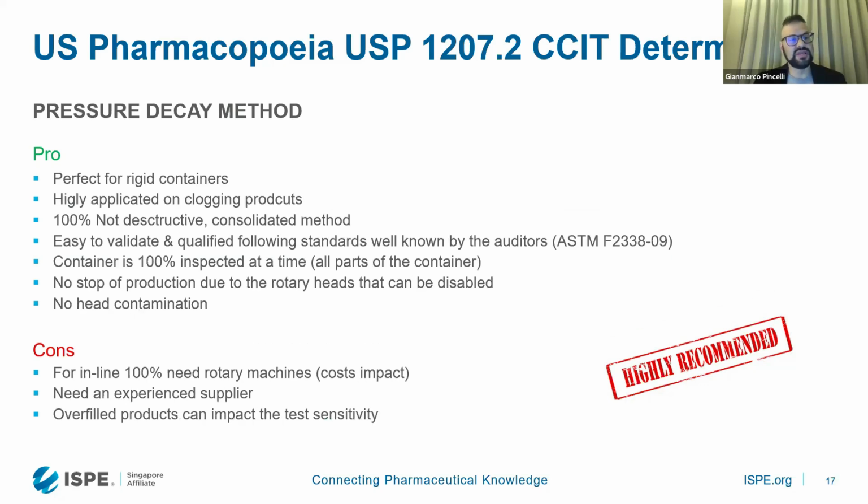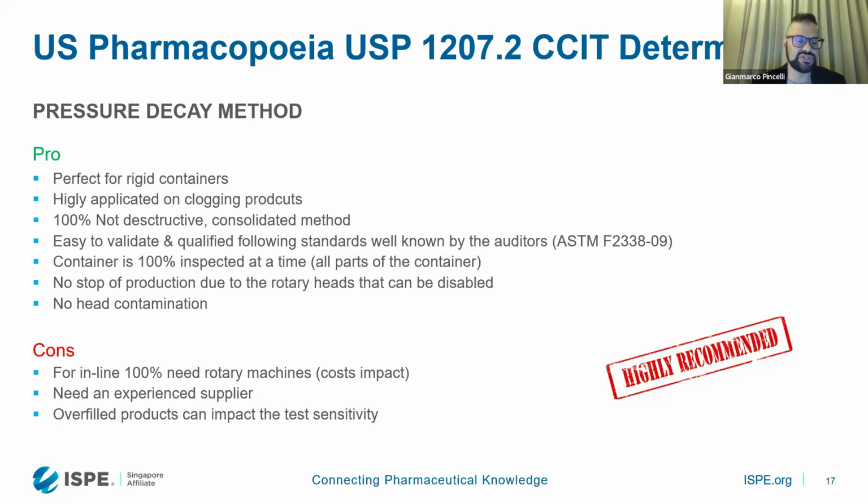Okay, go ahead, please. So pressure decay method is the second one, differential pressure, positive, as I said, perfect for easy containers, not for flexible containers. It's highly suggested for clogging products like oily products, lyophilized products, suspensions, and so on. It is also validated following ASTM, so it is as strong as the vacuum decay, and as well you need a rotary machine.